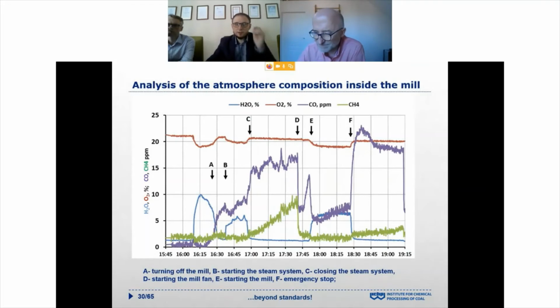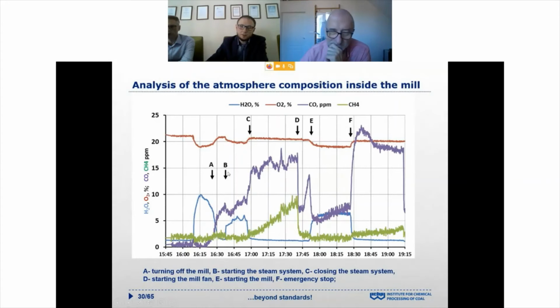Also, it is not the end of the story. We also detect the concentration of gaseous compounds inside the mill atmosphere, especially carbon monoxide and methane. As you know, they are very combustible gases, and we consider a few specific moments in the mill processing. That means turning off, starting the steam system.